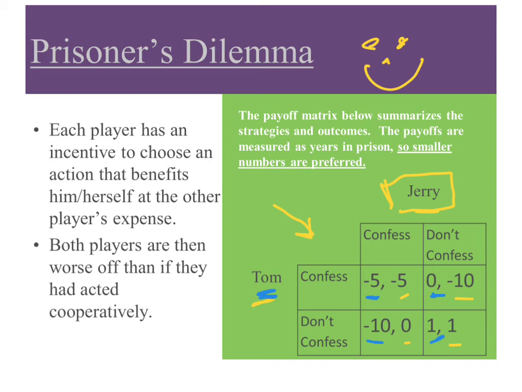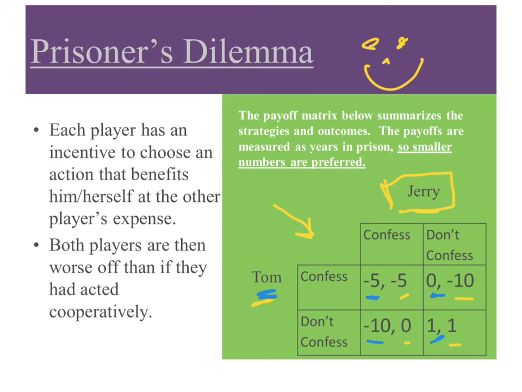So if neither confesses, they're only going to get 1 year because they're essentially just charged for the minor crime. If both confess, they're going to get 5 years. However, if Tom confesses and Jerry doesn't, then Tom is going to get 0 years and Jerry's going to get 10.